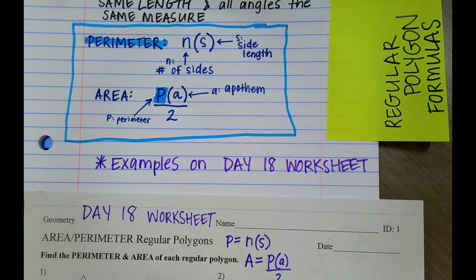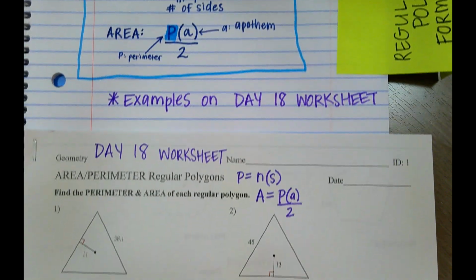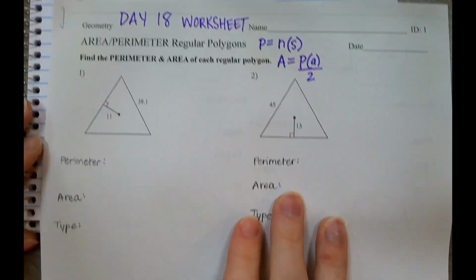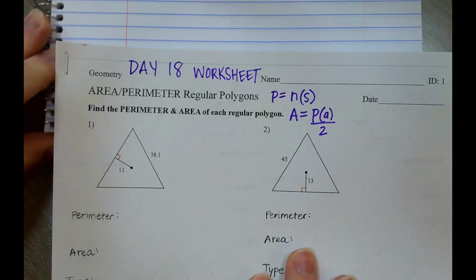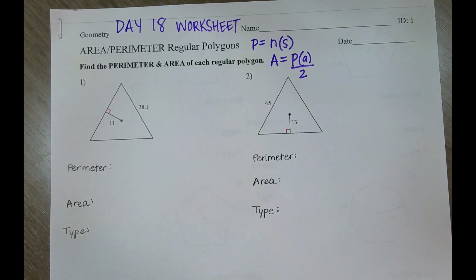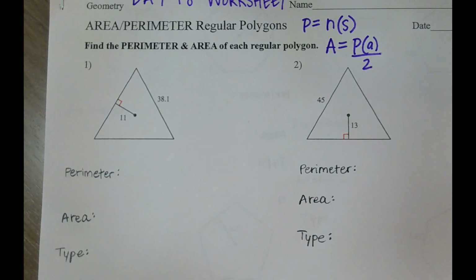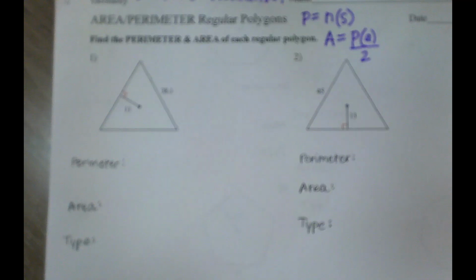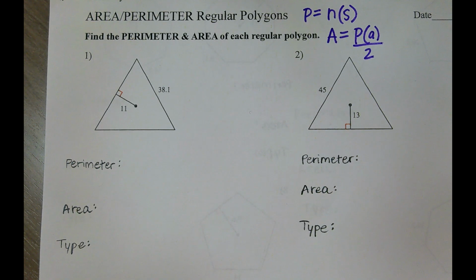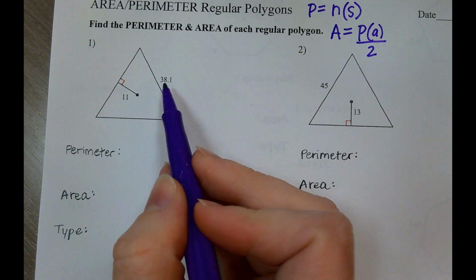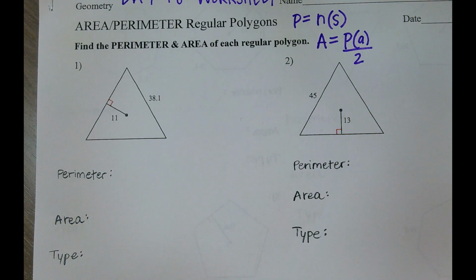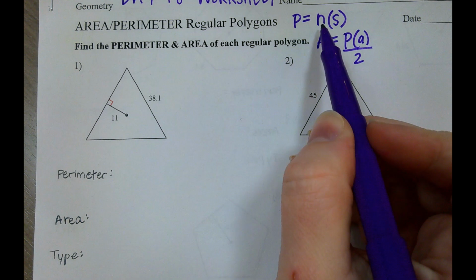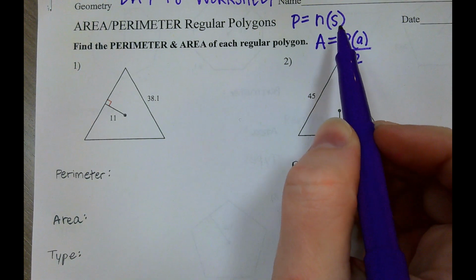Okay. All right, guys, I'm gonna scoot that up. And we're gonna look at number 1. Because these are all regular polygons, we already know without any tick marks or anything, all the sides are the same length. So what we're gonna do is label what our numbers represent. So for perimeter, we need the number of sides and we need the side length.